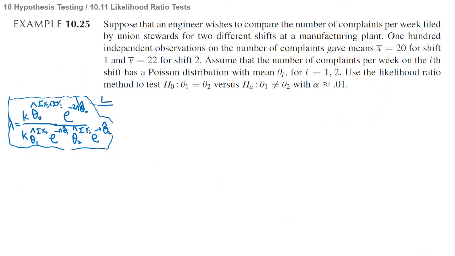Okay, so from lambda here, k can be cancelled, and theta 0 hat is 2 over x bar plus y bar, and theta 1 hat is x bar, theta 2 hat is y bar.